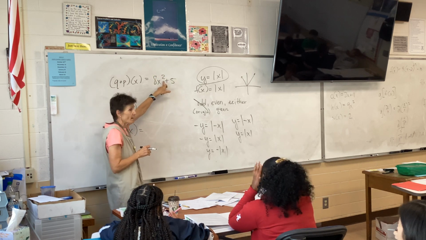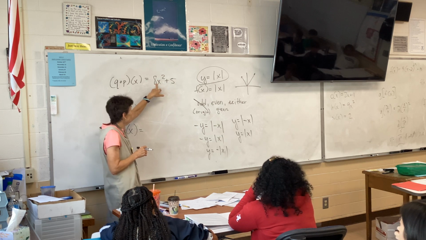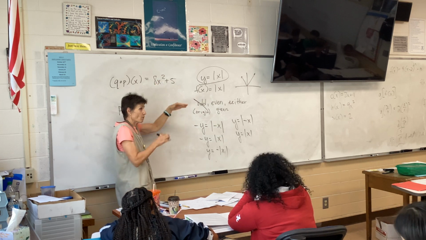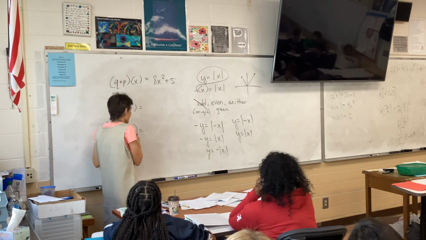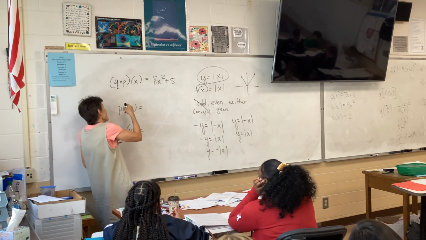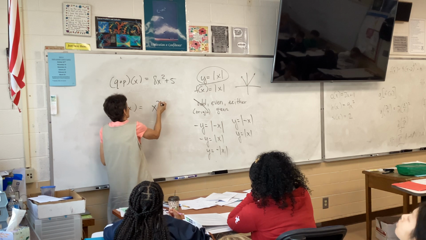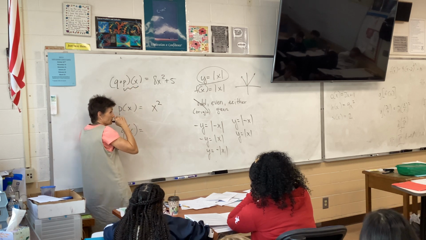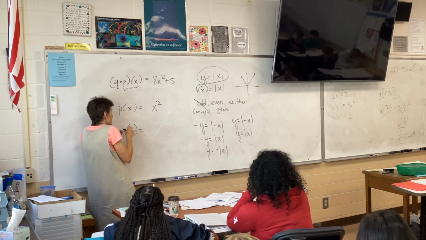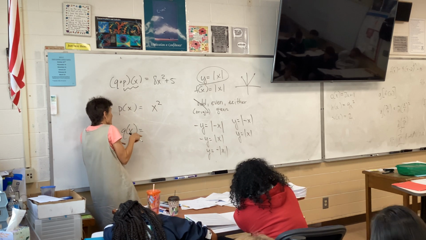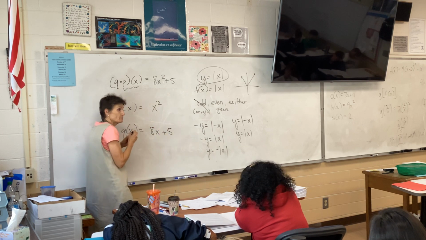What do we have to do? We have to square, times by 8, and add 5. So there are 3 things that have to happen, but I only have 2 functions. So maybe I'll let P be the function that squares. P has to come first. So if P is the function that squares, then Q has to do the other 2 things, which are times by 8 and add 5.